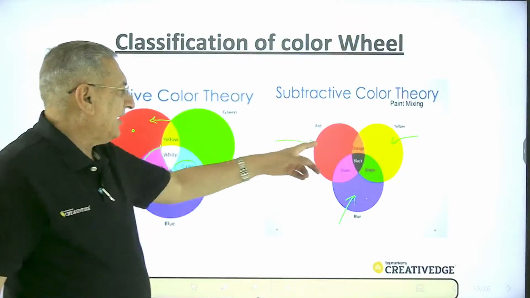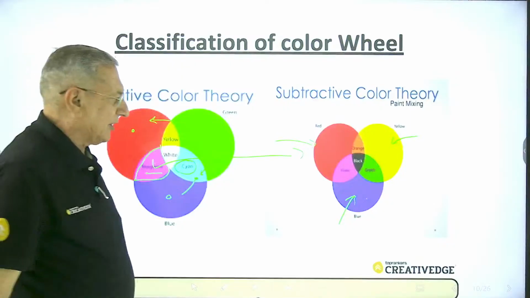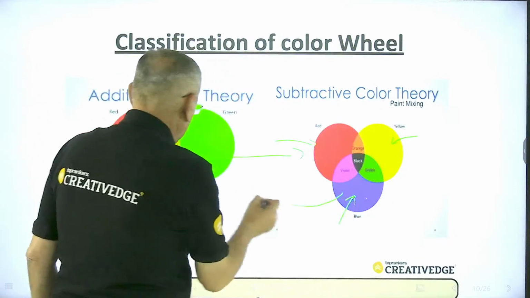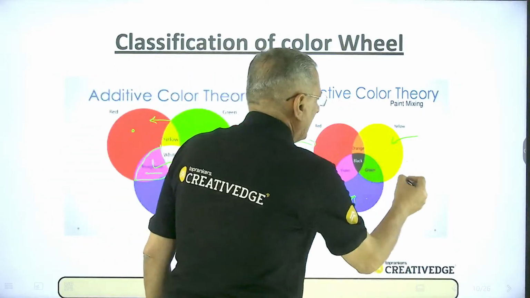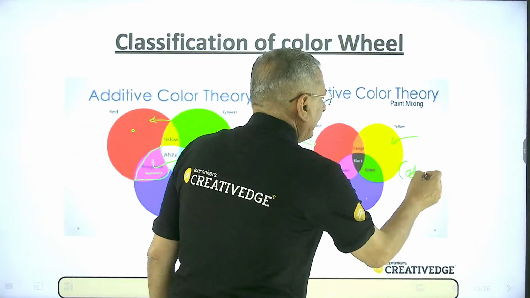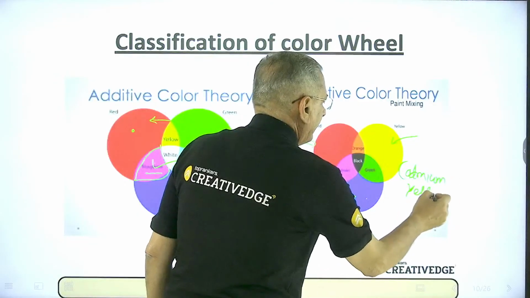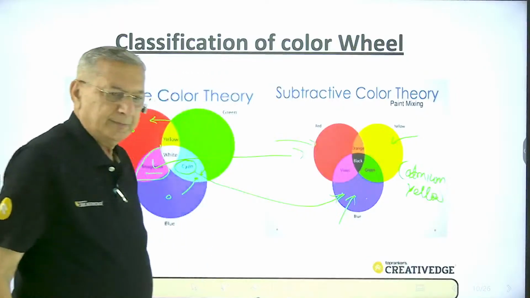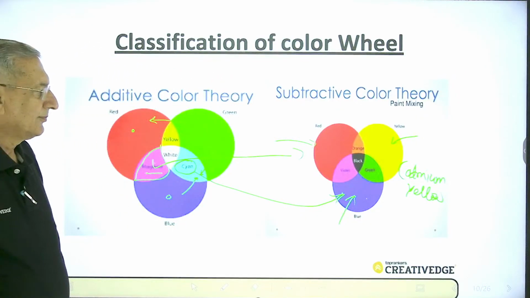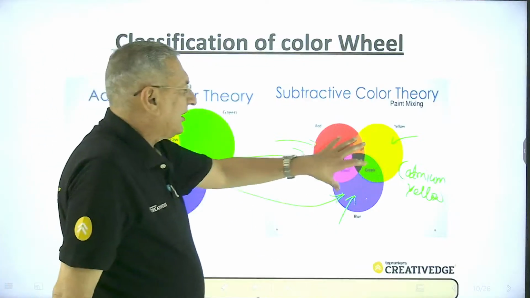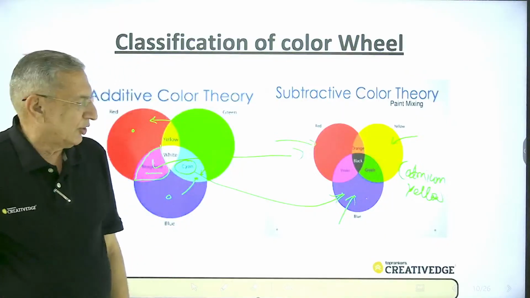So among the reds, it is the magenta among the subtractive colors; blue, it is the cyan; and yellow, it is the cadmium yellow. So they are the primary colors of the subtractive color theory.